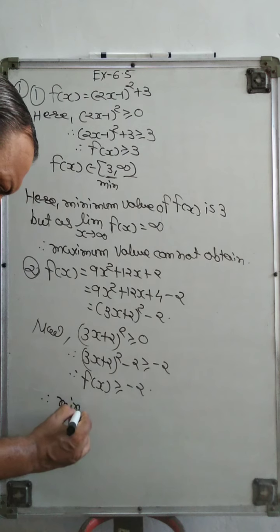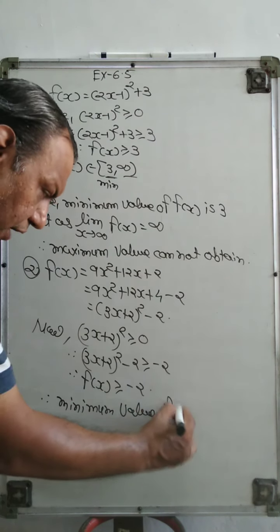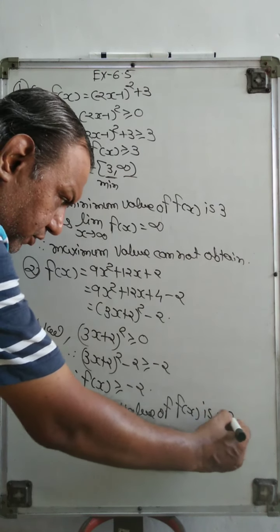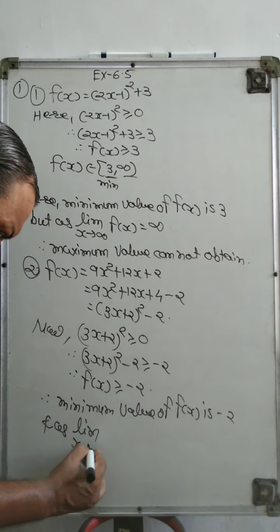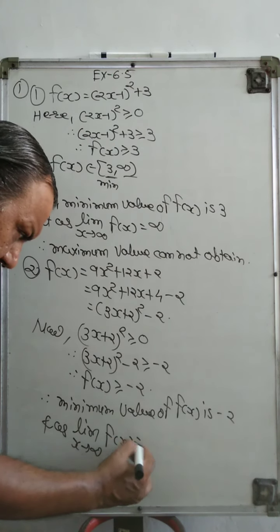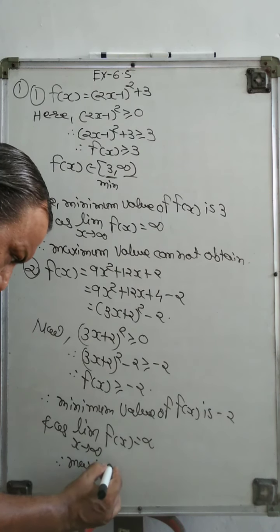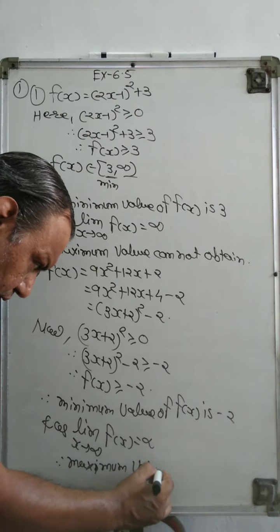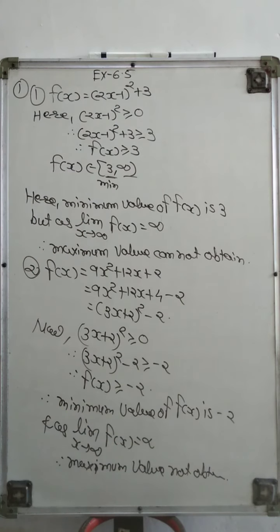Therefore, minimum value of f(x) is minus 2, and as limit x tends to infinity, f(x) is infinity. Therefore, maximum value not obtained, right? So this way we can find our maximum value or minimum value, if it exists, right? Now we go for the next one.